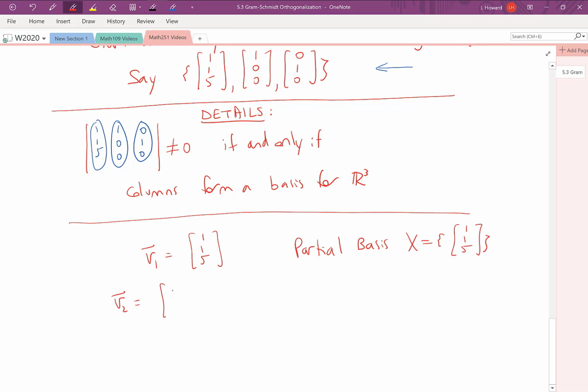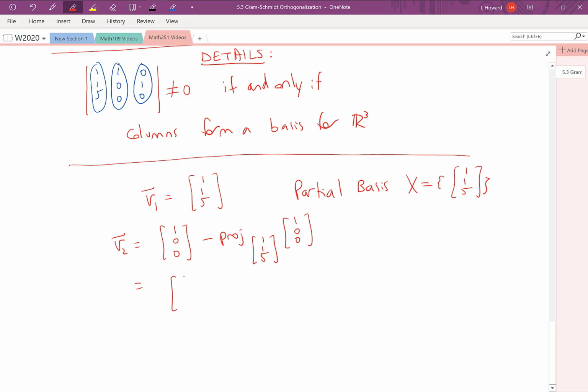So now we're going to take the second basis vector, 100, and we're going to subtract off its projection onto our first basis vector, 100, minus, well, the dot product of these two is 1, and then it's all about what we're projecting onto. So length squared is 27 in the direction 115.